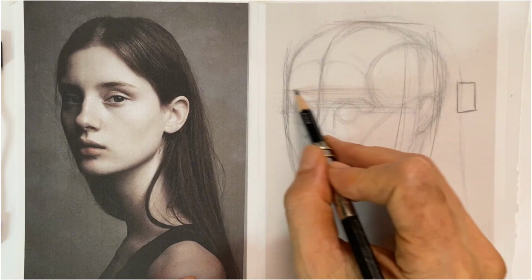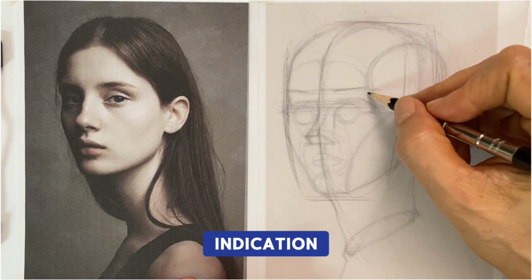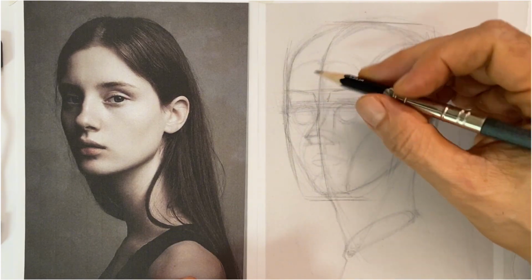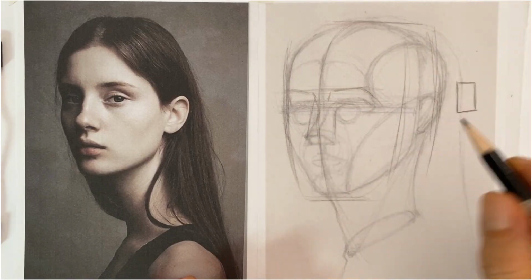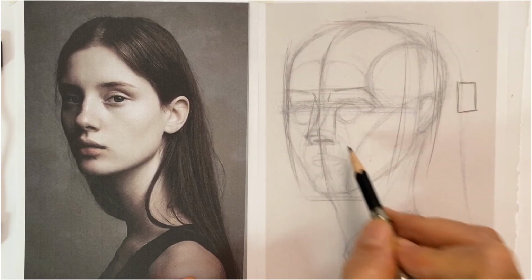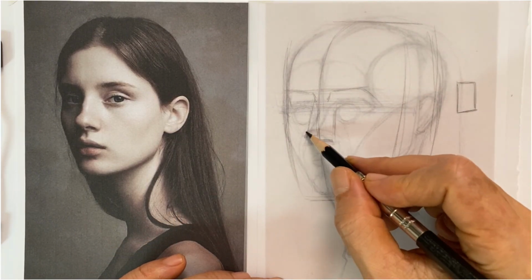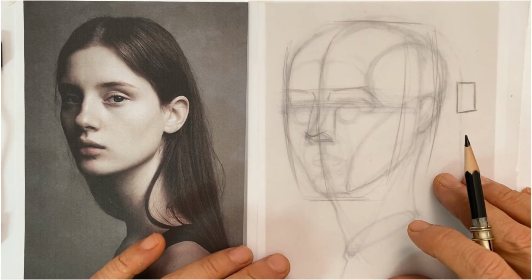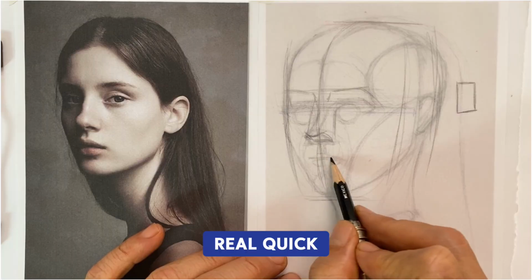So brow. Just going to give myself a little bit of indication where the brow is. Bottom of the nose. Muzzle. Just indicate it real quick.